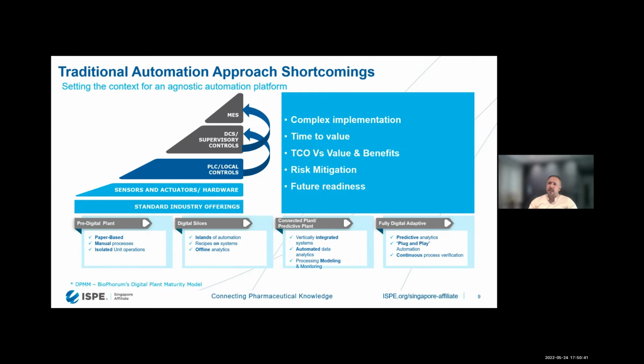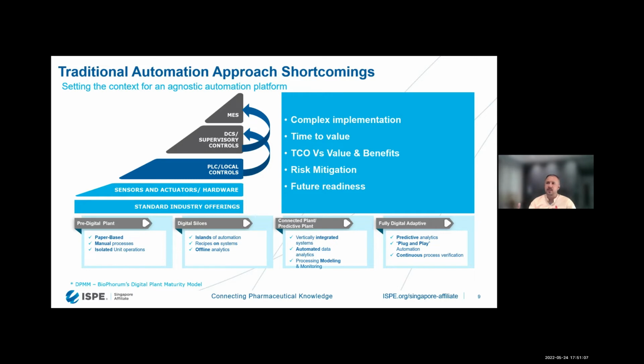So some of the points that we definitely need to consider are the complexity of the implementation. Is my plant ready to implement any of these automation choices? What is the time to value ratio? Can I give it 2 years for a perfect deployment, or do I want to bring a return on investment within 6 months?